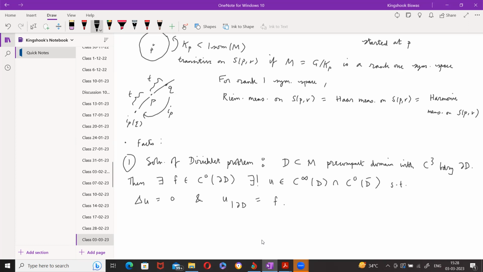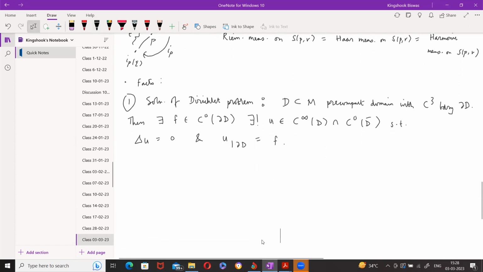So this is called the solution to the Dirichlet problem. This is a highly non-trivial fact. I won't prove this. This takes quite a lot of work to prove.